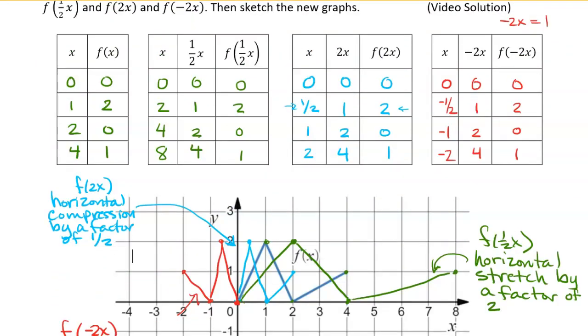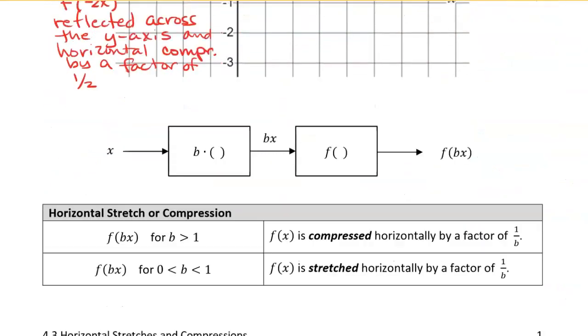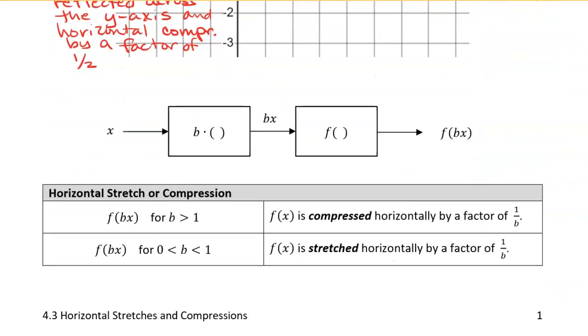All right, so let's look at the general rule for horizontal stretches and compressions. So again, we have a change to the input. We're multiplying the input by some constant b, and feeding that into the function. And if b is greater than 1, then it's compressed by a factor of 1/b.